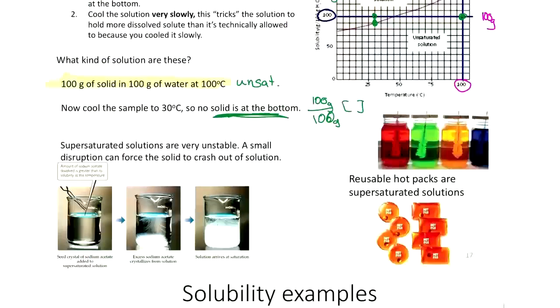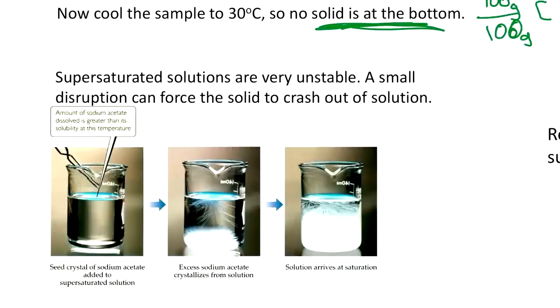So in this picture, to emphasize the instability of supersaturated solutions, here's a picture of a supersaturated solution of sodium acetate. Essentially they took the solid, heated the solution up, cooled it back down very slowly so nothing crystallized.